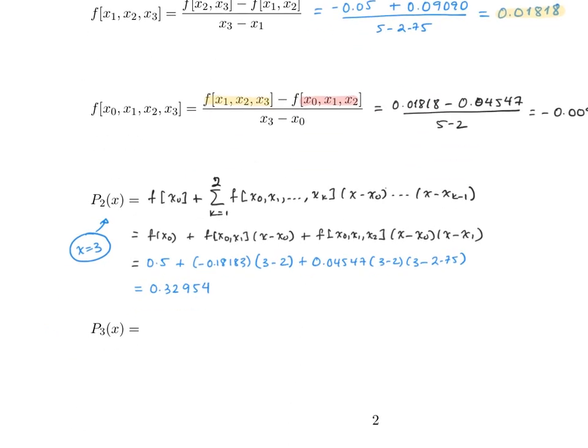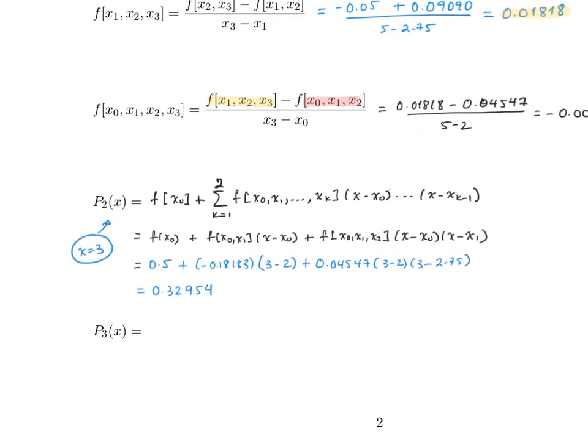Alright, so in a similar way we can find P3 of x, which in our case will be 0.5 minus 0.18183 times x minus 2 plus 0.04547 times x minus 2 times x minus 2.75, which after this point is just this.